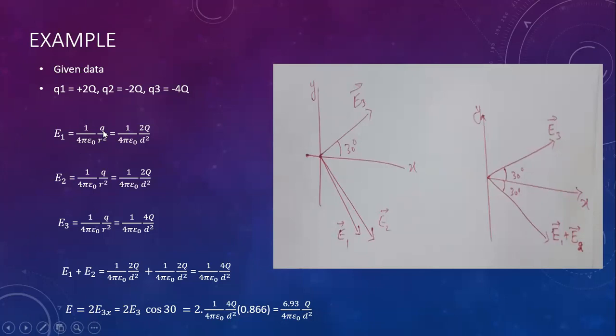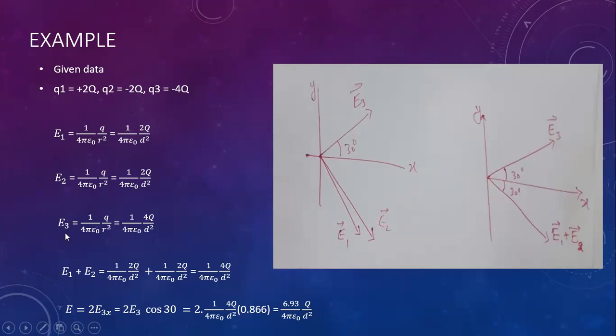The magnitude of Q1 is 2q, and r square will be replaced with the distance d, so it becomes d square. Similarly for E2, we have 1 over 4 pi epsilon naught q over r square, and here q is minus 2q, but we will take the mod, so it becomes plus 2q over d square. So E1 and E2 basically are the same.